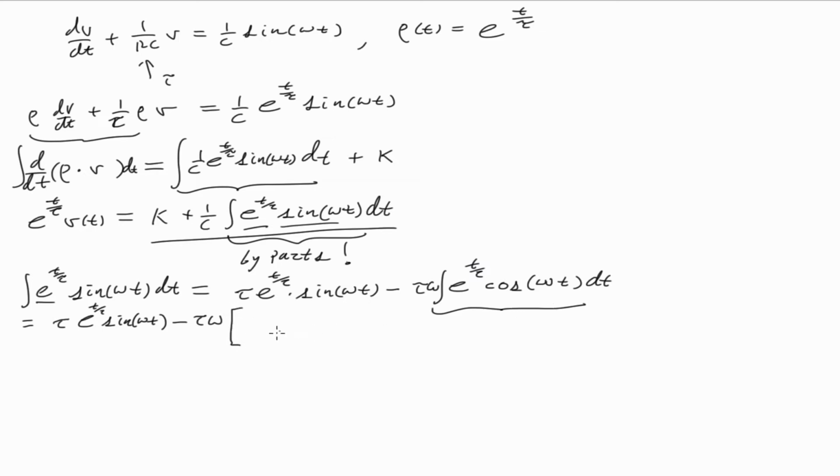And now I'm going to do this integral here. And I'm going to do it by parts yet again. So we get another tau, e to the t over tau, times cosine omega t, minus, and we have to go tau times omega yet again, and we have the integral of e to the t over tau times sine of omega t dt.